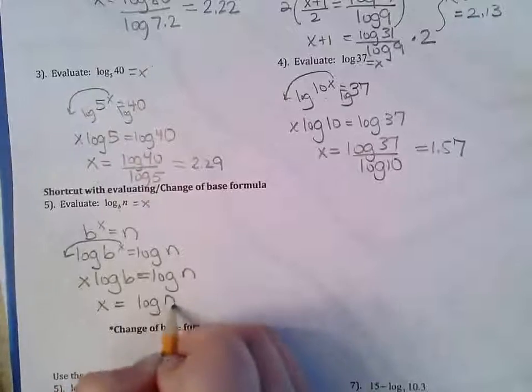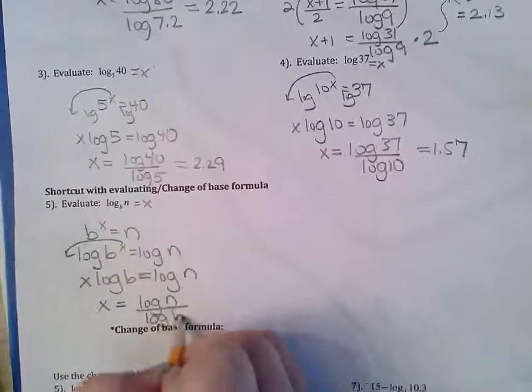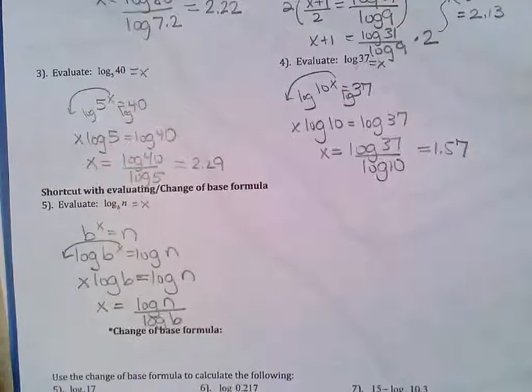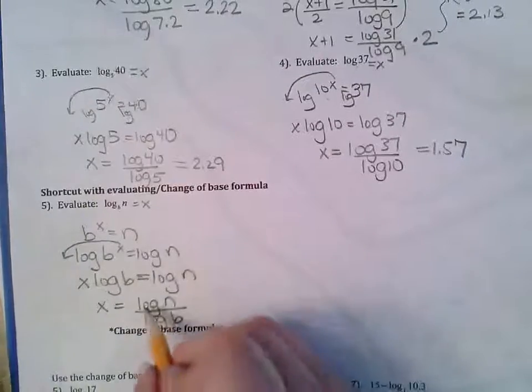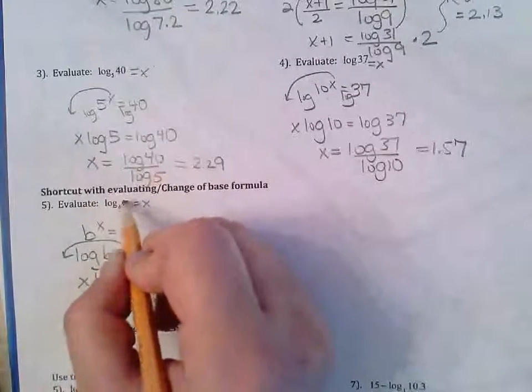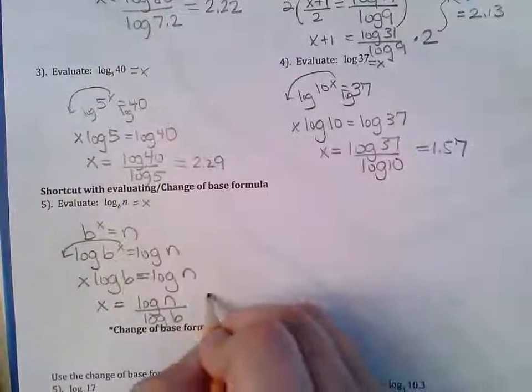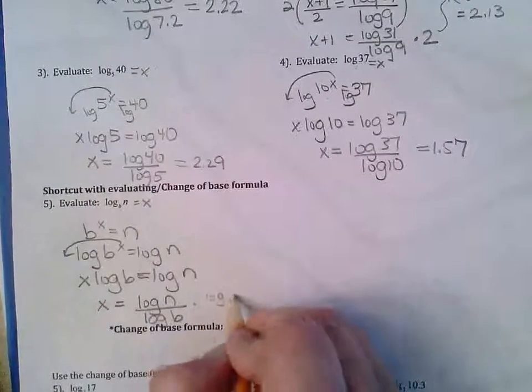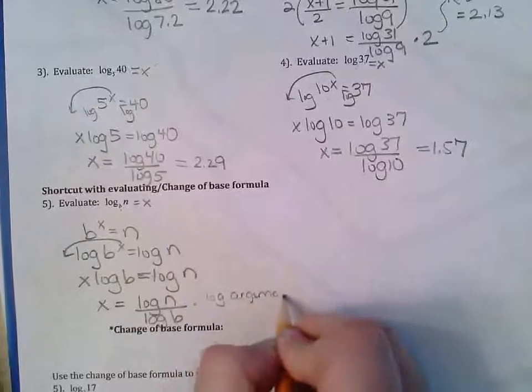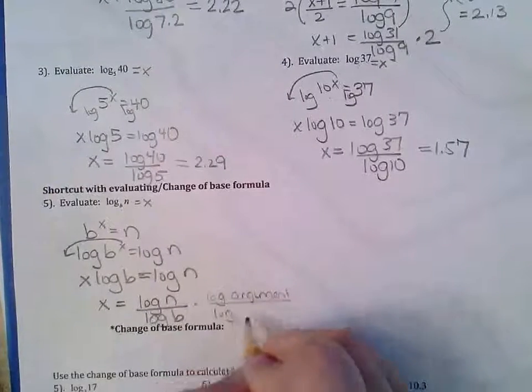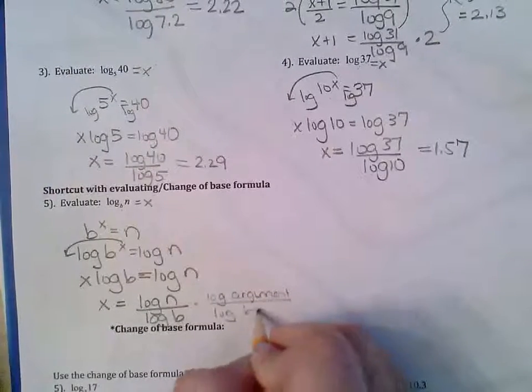So we get log n divided by log b. And so what you're going to notice is log n was the argument, over log b was the base. So the shortcut is it's the log of the argument, or the number, over the logarithm of the base.